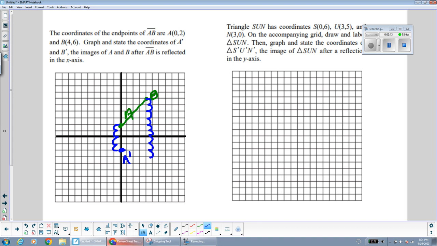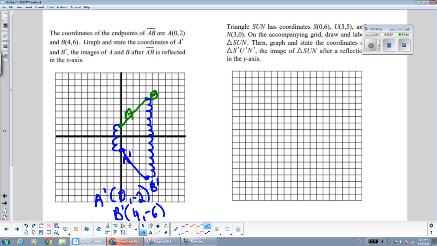Here it is, 6 spaces on the other side of the line of reflection. So A prime would be the point (0, -2), and B prime would be the point (4, -6).